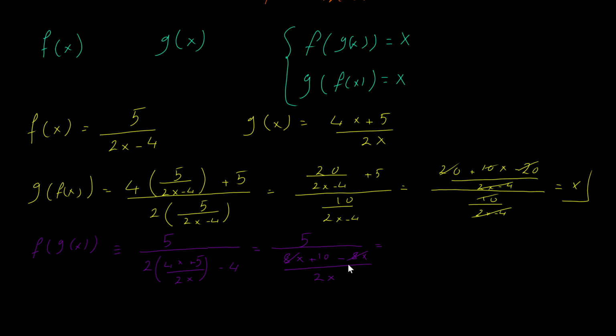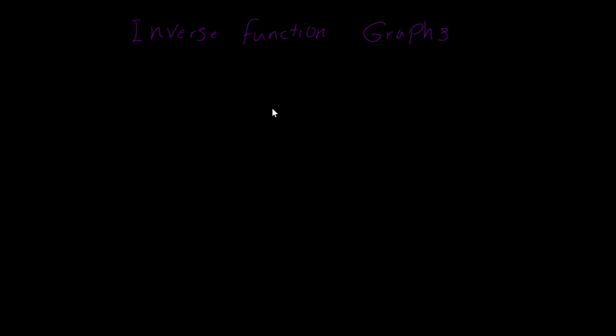Then we do the further one, so it becomes 10x divided by 10. The 10s cancel out, and we are left with the value of x. So that proves that first f of x is a one-to-one function, and g of x is the inverse of f of x.